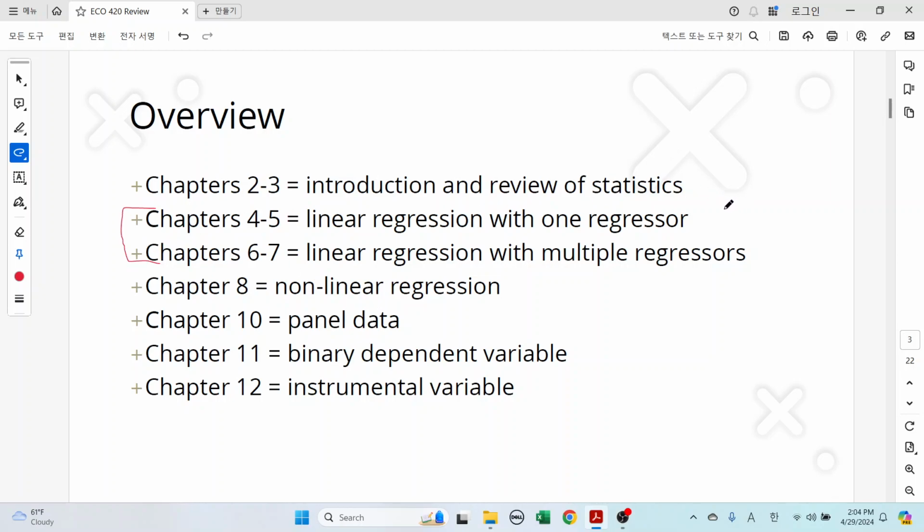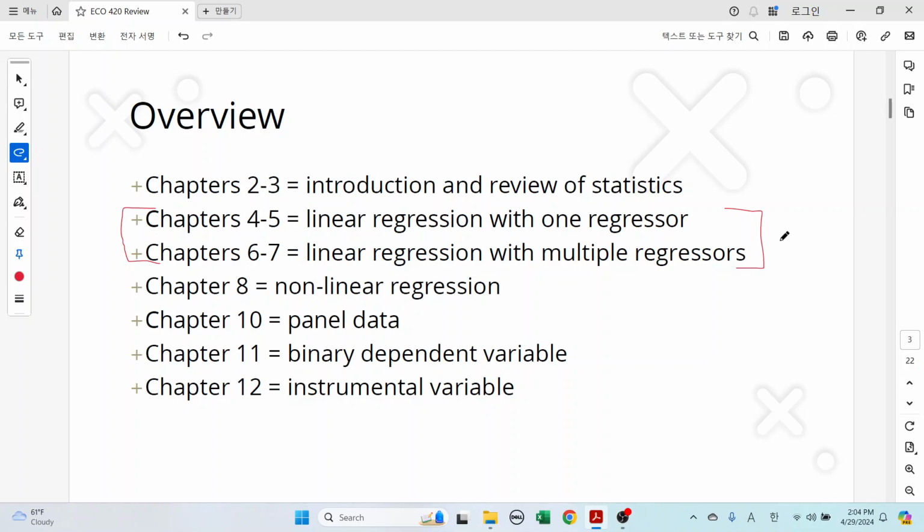So we set up a lot of basics, like how to set up and interpret the model, what kind of assumptions are needed, and how to do hypothesis testing. And we defined the standard error of the regression and R squared. There was hypothesis testing, confidence interval, F statistic, t-test, p-value, statistical significance.